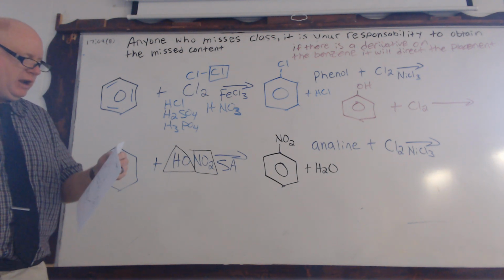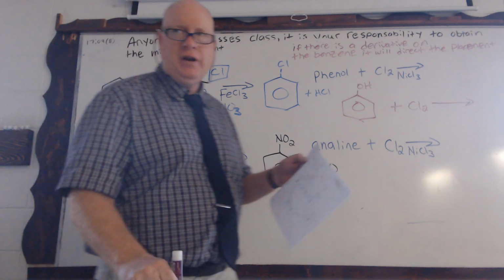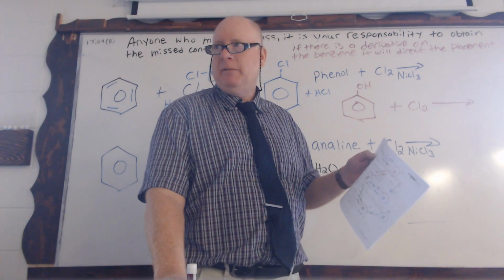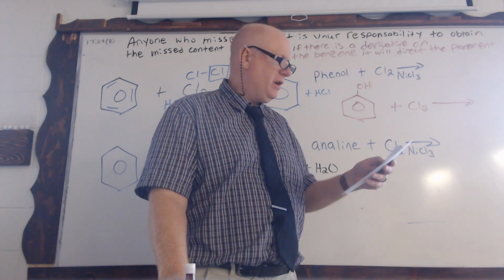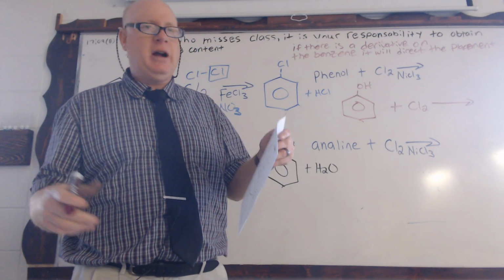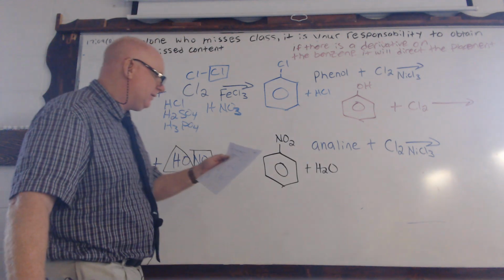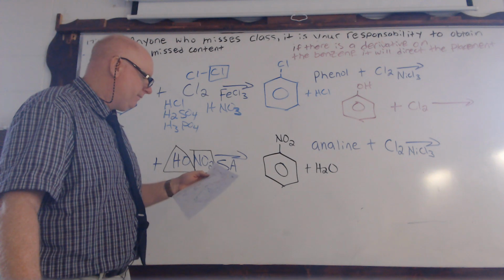Then notice we have an amino group. And then we see that variable, or letter X, that means what? That means any halogen. Notice we don't put chlorine there because we don't know what reaction could be proceeding. It might be iodobenzene rather than chlorobenzene. Then the bottom one is a nitro group.